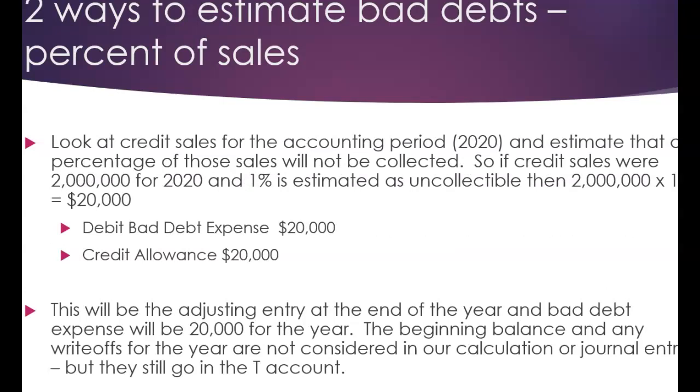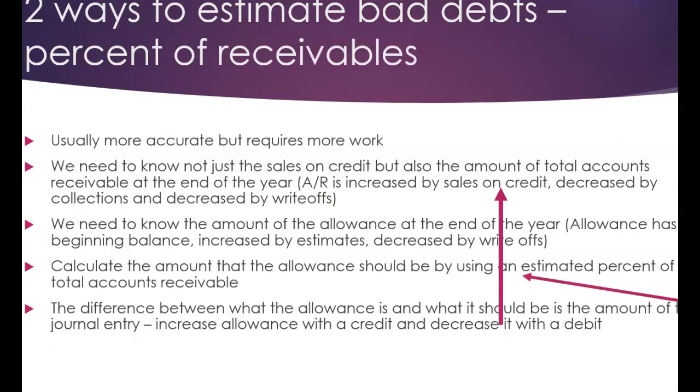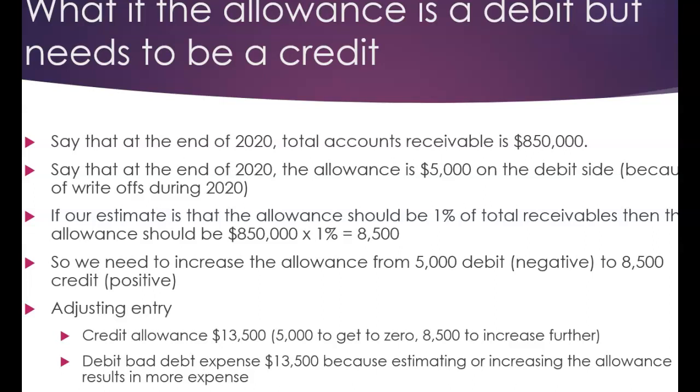As I mentioned in this long conversation, we've got methods of doing it. I've already mentioned the percentage of sales, which is the income statement method. We also have the percentage of receivables, which is the balance sheet method. Depending on which method is used, that is going to give you your bad debt expense.